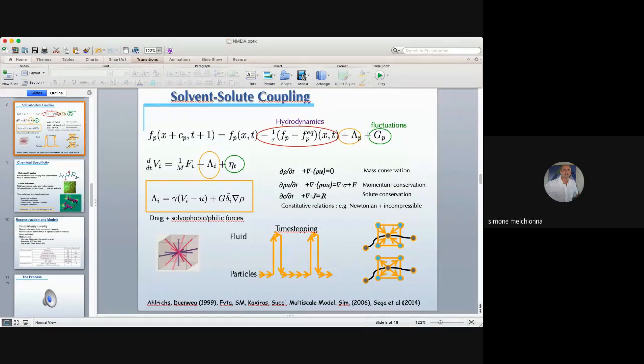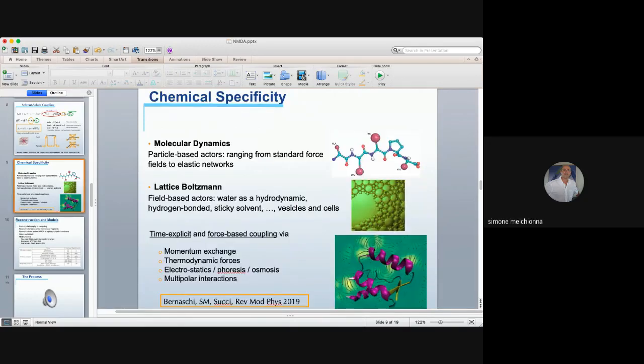And fluctuations need to be in place too, because we're talking about a mesoscale or microscopic environment. So these are basically technicalities. But going back to the chemical specificity, which is so important, we wrote a large review paper with Sauro and Massimo Bernaschi last year that displays basically all possible options in terms of modeling various solutes in complex solvents.